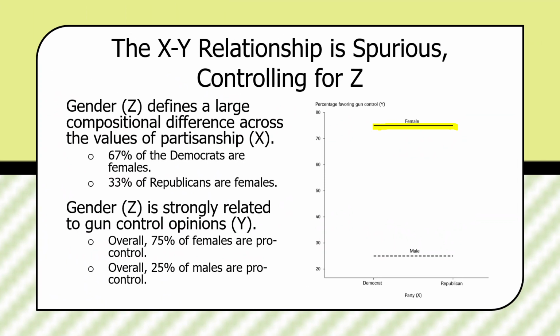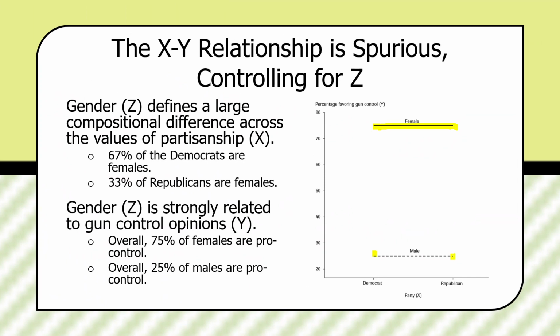If I could have put a bubble chart on this to show the numbers of females, the bubble over here would be very large and the bubble over here would be much smaller, but taking that into account, partisanship is just having no leverage. It's not having any effect as you move from Democrat to Republican among females. Same for males. Here's that 25% of Democrats who favor, 25% of Republican males who favor.